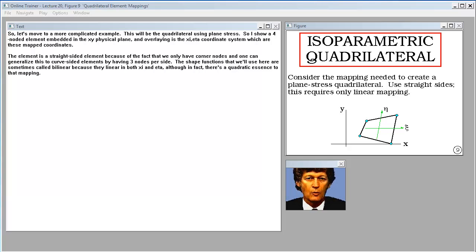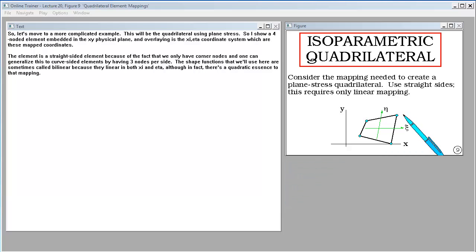So let's move to a more complicated example. This will be the quadrilateral using plane stress. So I show a four-noded element embedded in the XY physical plane, and overlaying is the xi eta coordinate system, which are these mapped coordinates.